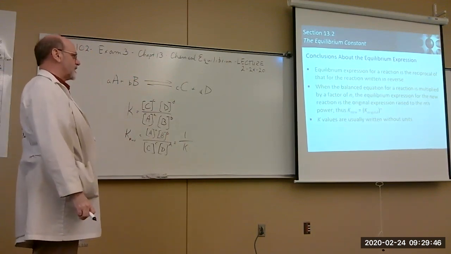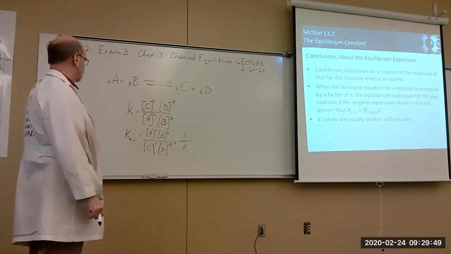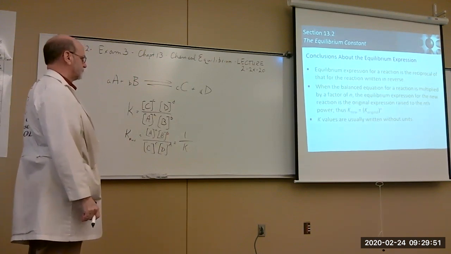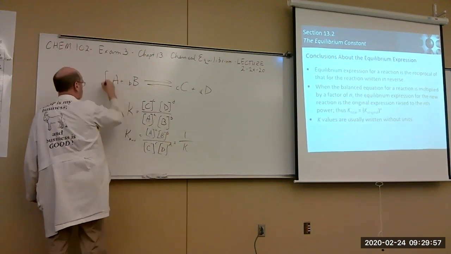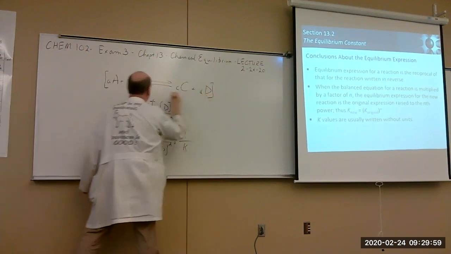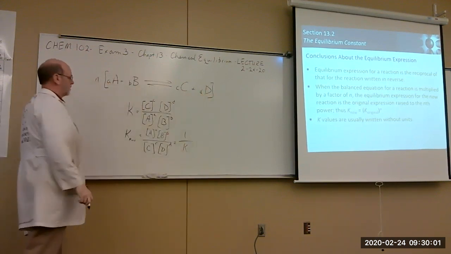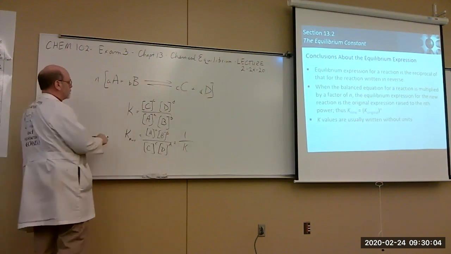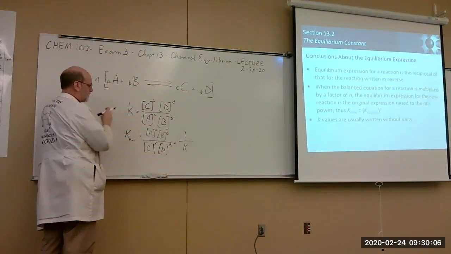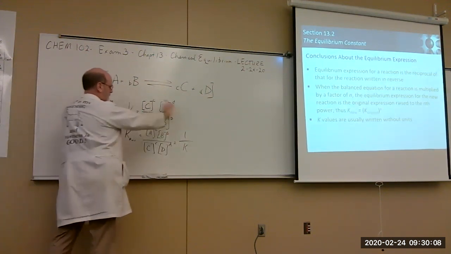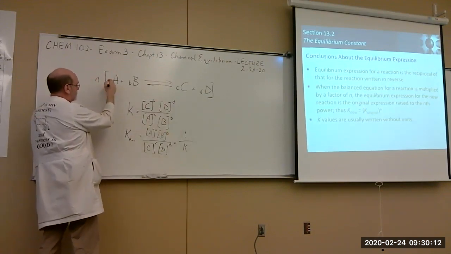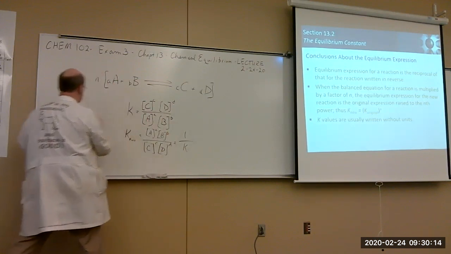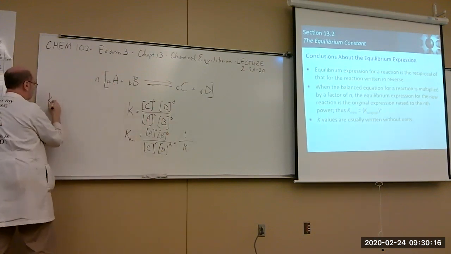If we have to multiply this whole expression by some value, what does that do to the K value? This K value right here. It would be n, right? So our new expression would be this.